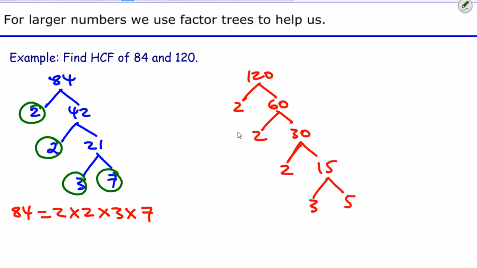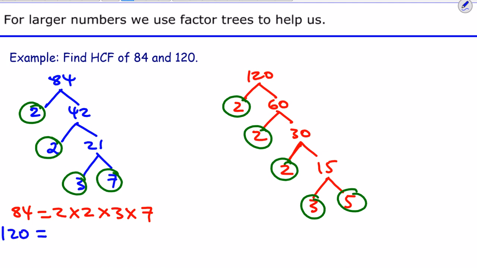Now, all these numbers here are prime numbers. And we can summarize that here by saying that the prime factors of 120 are 2, 2, 2, 3, and 5.